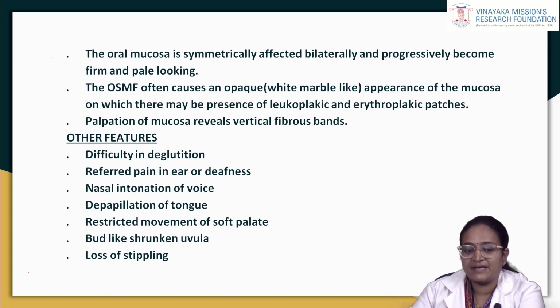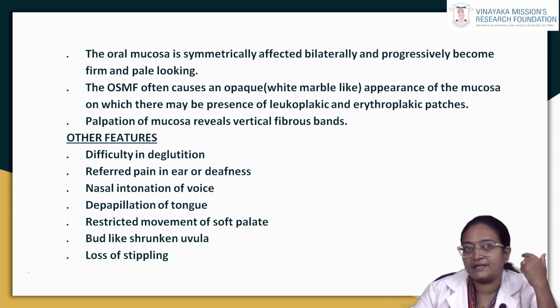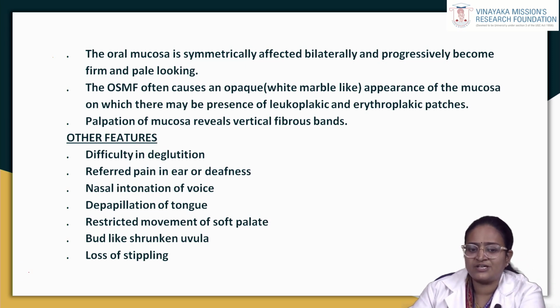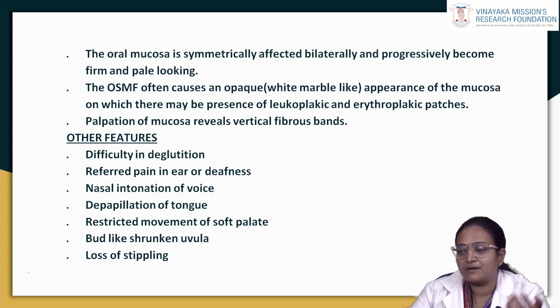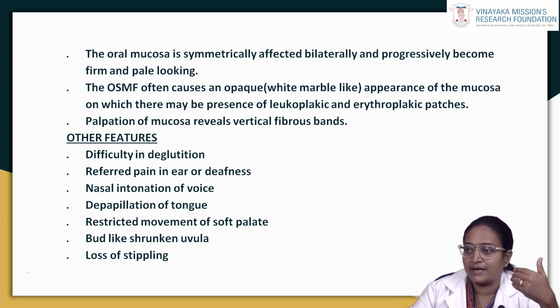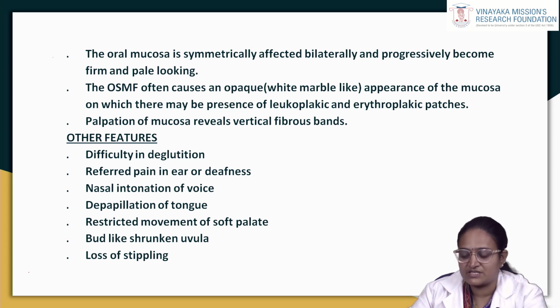The patient will have difficulty in deglutition, referred pain in the ear, deafness, and nasal intonation of voice. They are able to speak, but there is depapillation of the tongue, restricted movements of the soft palate, a bird-like shrunken uvula, and loss of stippling. These are the common features when you encounter an oral submucous fibrosis patient.